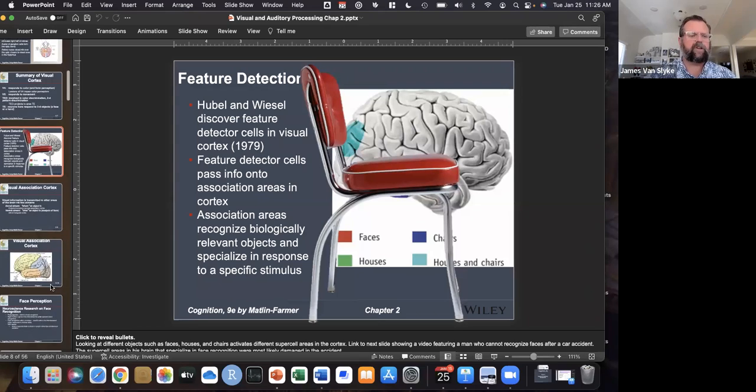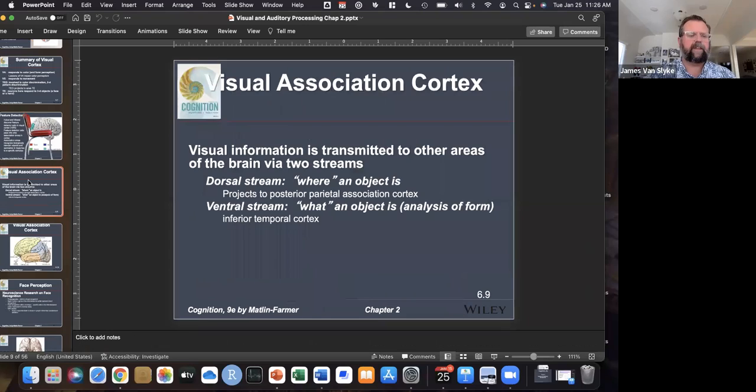So the way that we talk about the visual association cortex is in terms of two different streams. One is the dorsal stream, and one is the ventral stream.